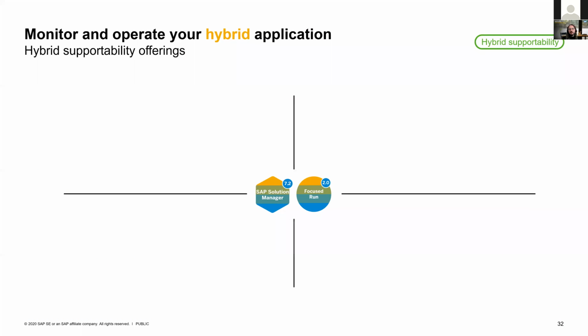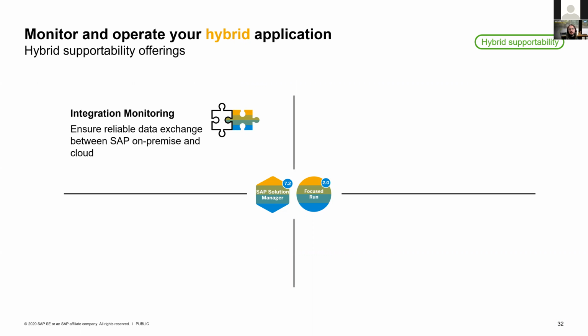All around SAP Solution Manager, we have several hybrid operations offerings. We have the integration monitoring, which allows you to monitor data flows in hybrid landscapes, meaning if you're using Cloud Platform Integration or Process Integration or Process Orchestration, you can make sure that they are being performed with the right performance as well.